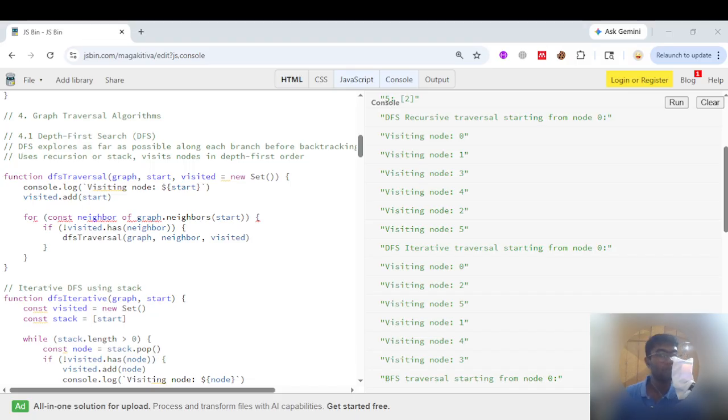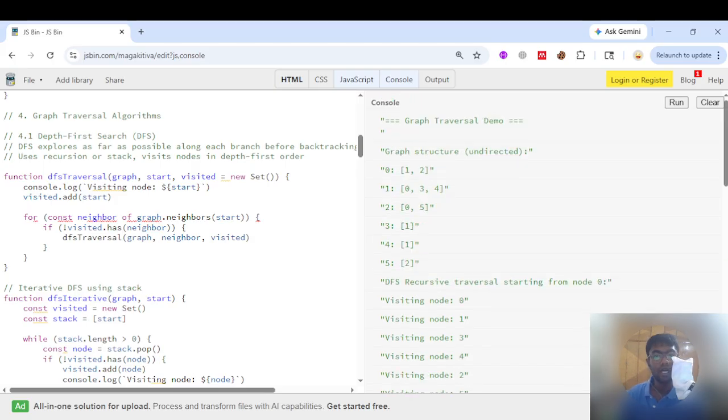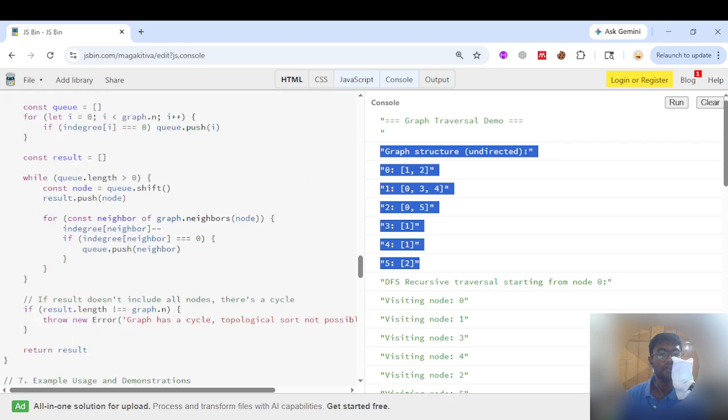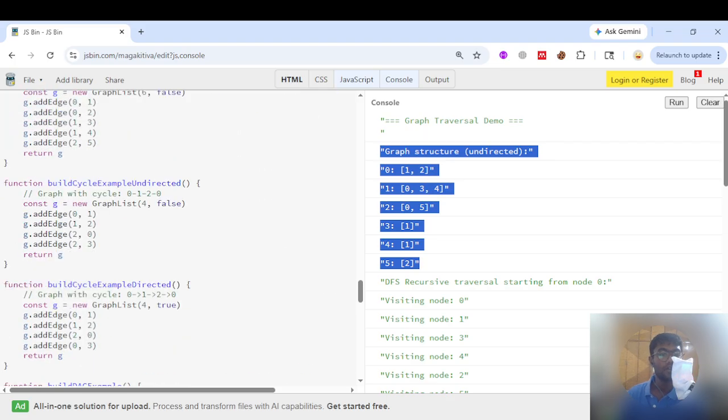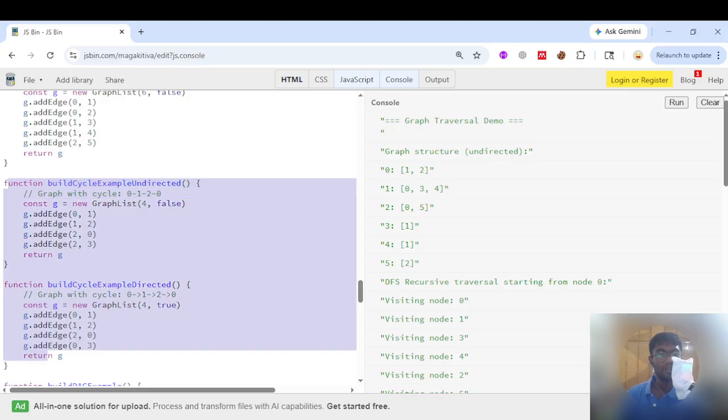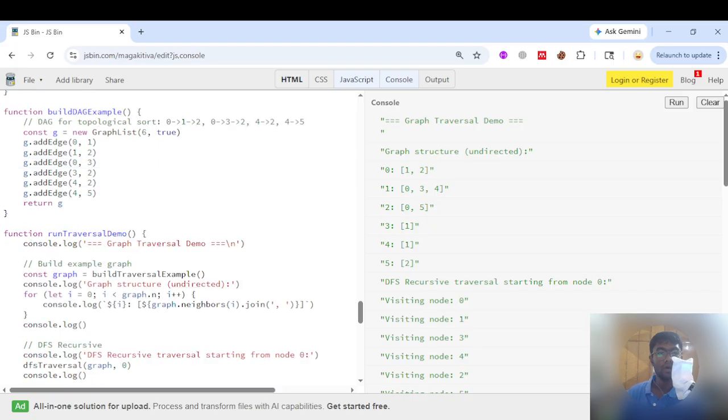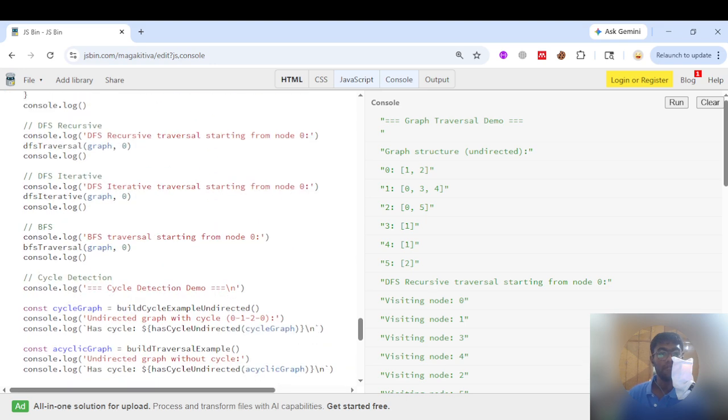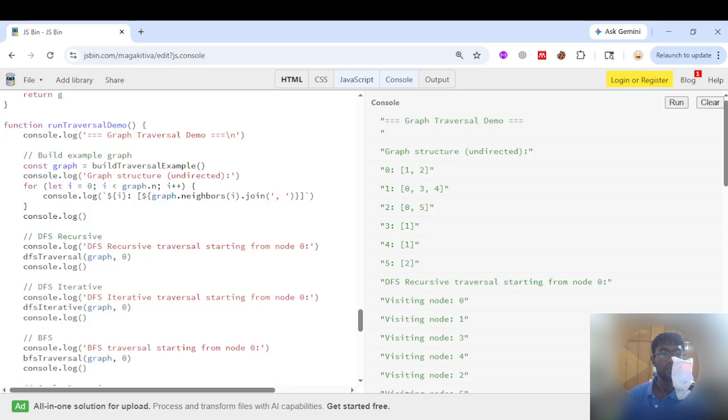Okay, switching on to the JSPin editor, we have the DFS function, and we have this graph constructed here.